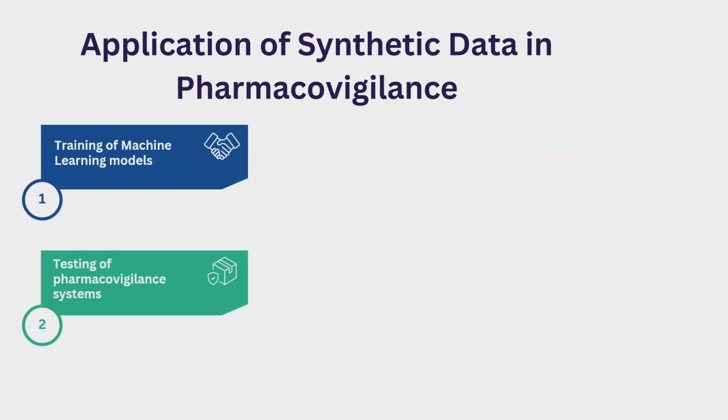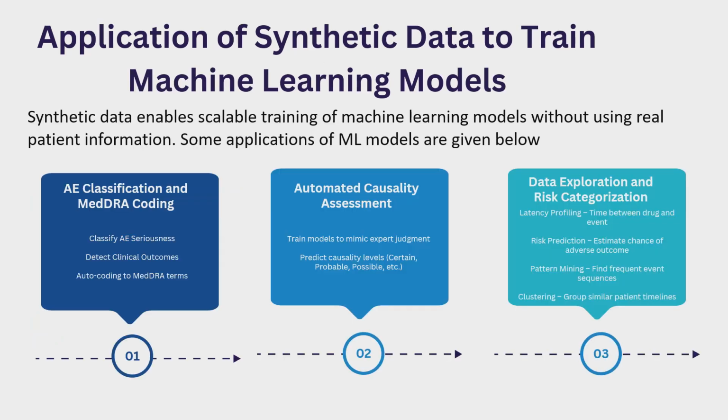Let's look at some of the applications of synthetic data in pharmacovigilance. First is training of machine learning models, and then it is testing of pharmacovigilance systems. Synthetic data enables scalable training of machine learning models.